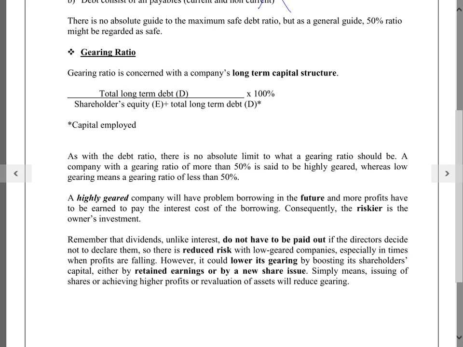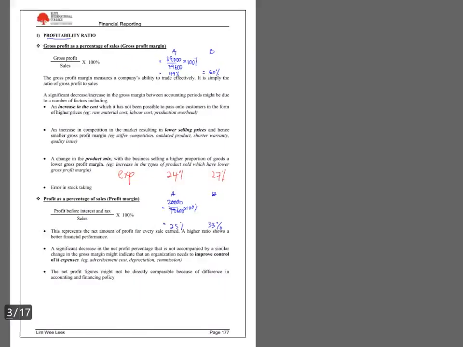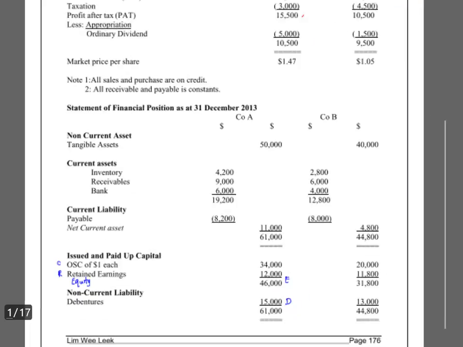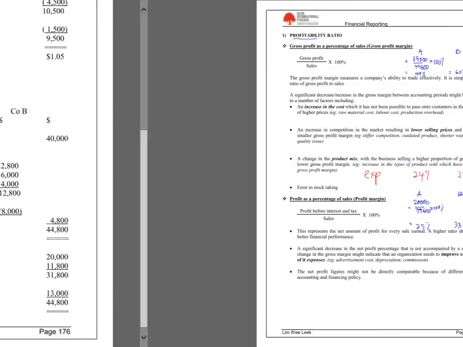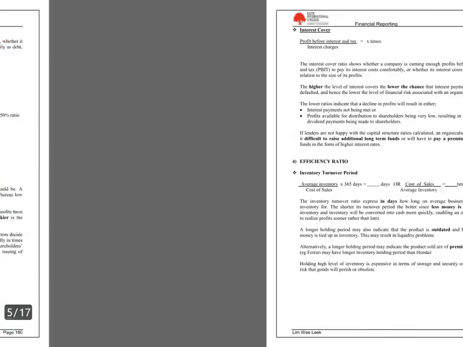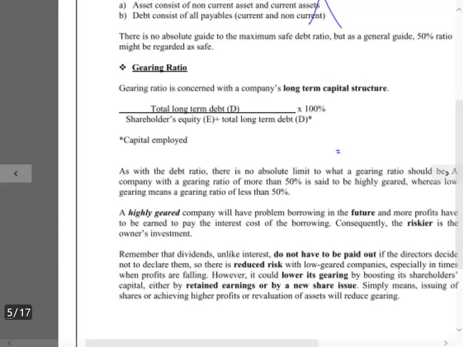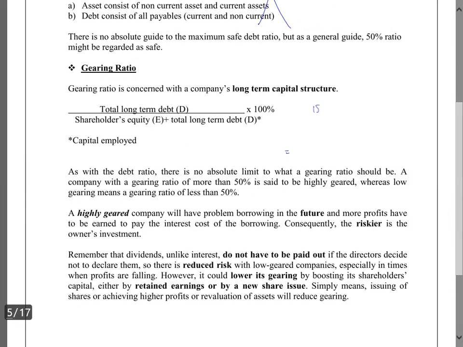So what is my debt here? Percentage. My debt is 15,061. 15 divided by 15 plus 46.